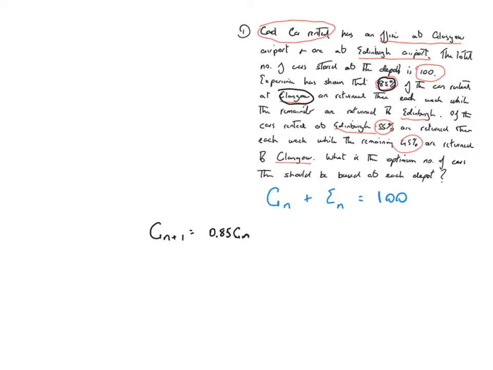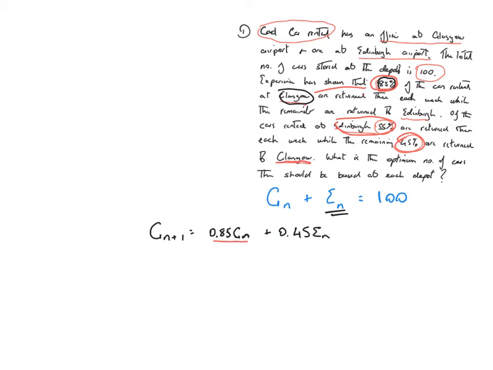Now, as well as the 85% of cars rented at Glasgow coming back to Glasgow, I also get some cars from Edinburgh Airport. Of the cars rented at Edinburgh, 55% go back to Edinburgh, which means 45% come to Glasgow.